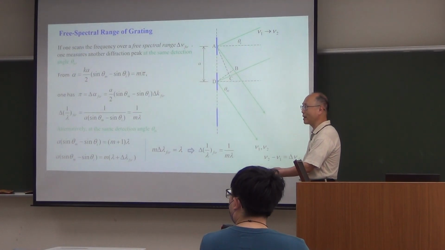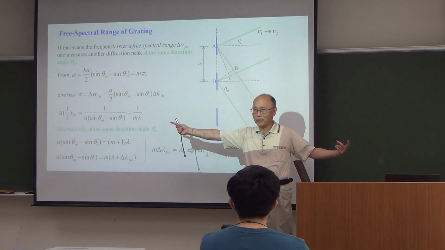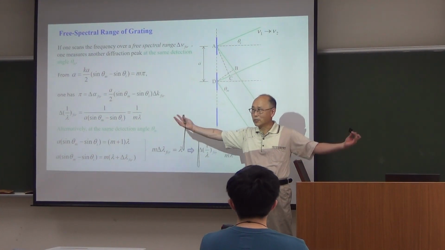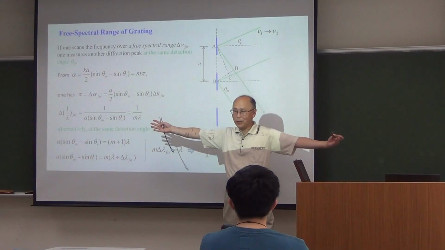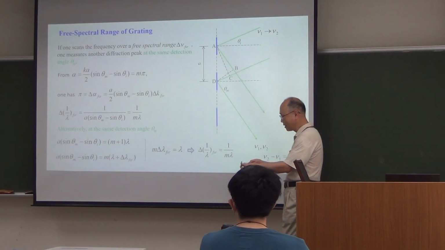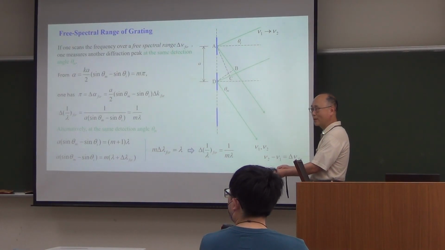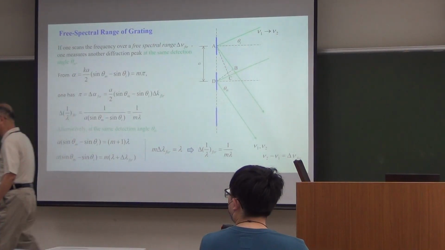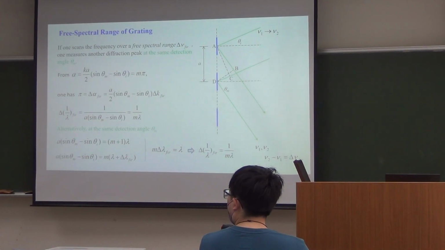So it turns out that the resolution of the grating spectrometer is relevant to the size of the instrument. Reasonable, right? If I have a big room, then you can see clearly the separation of the two dots. But if I build everything very small, like this table, wow, I need to precisely measure everything within a small distance. Then it's more difficult, right?